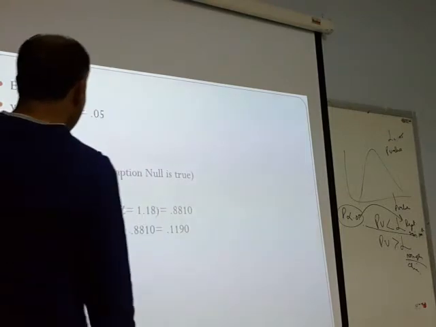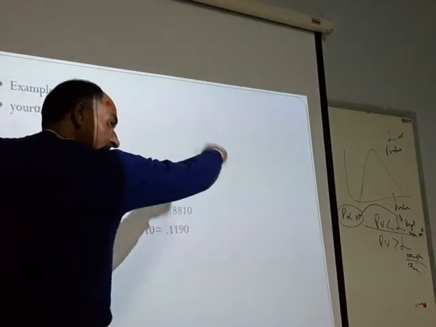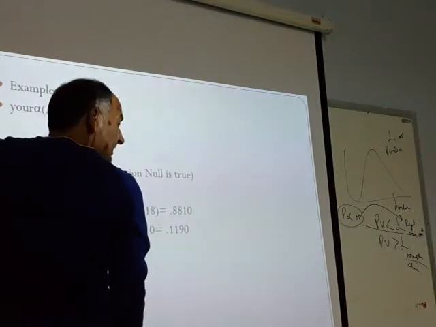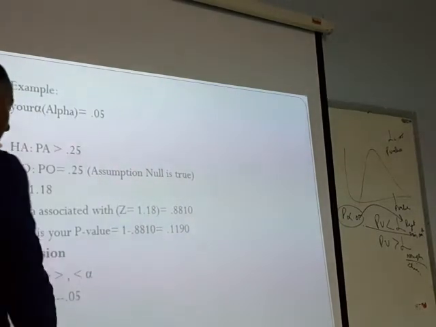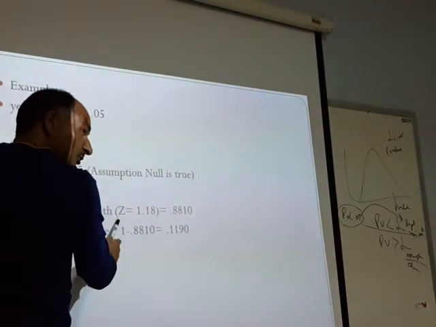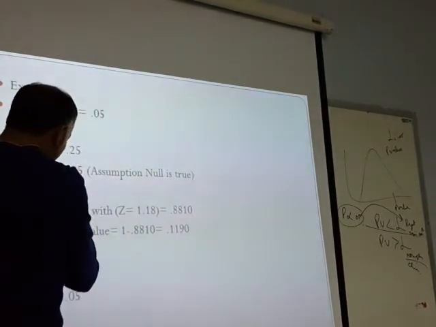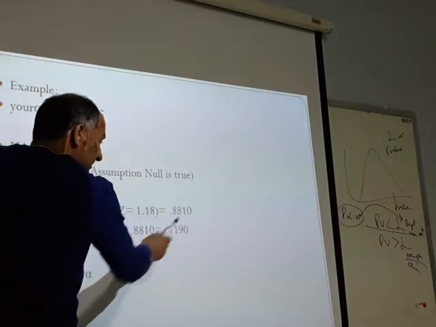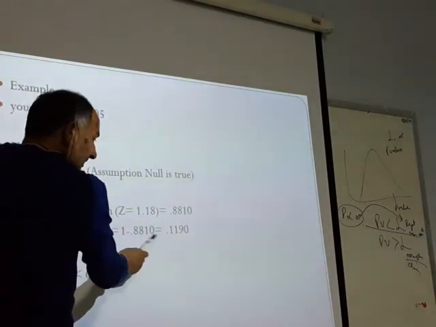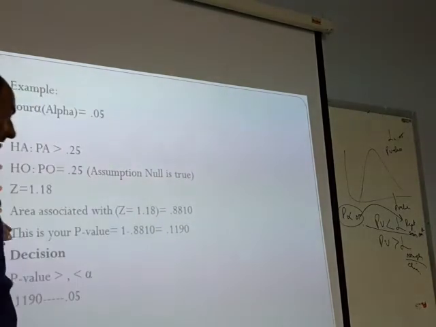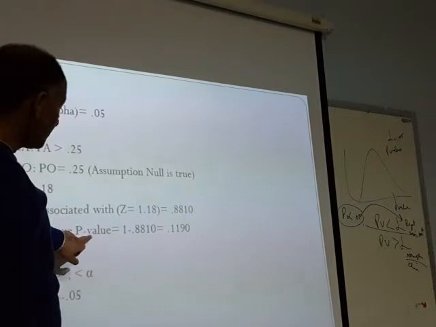If you check the tables, you will get that this area is equal to 0.8810. We know the total is 1. From this z, it calculated out to be 0.8810. So you subtracted it, and it came equal to 0.1190. Is that clear? So this is your p-value.